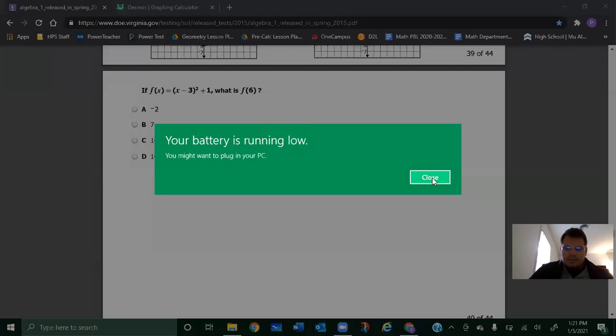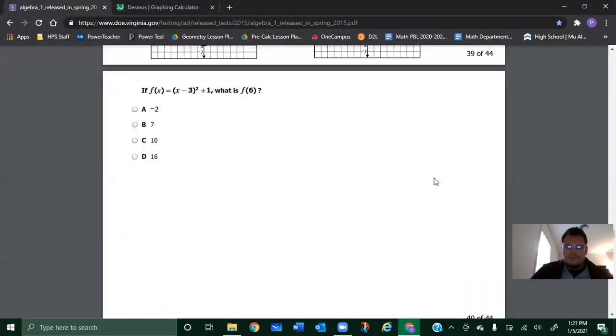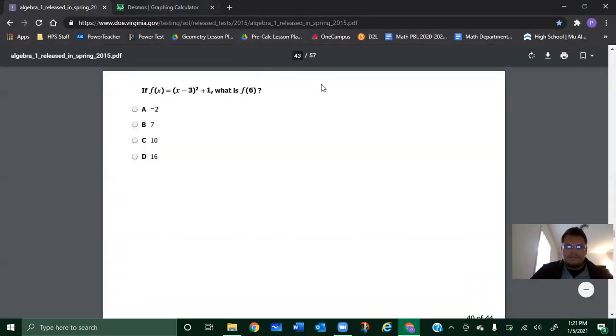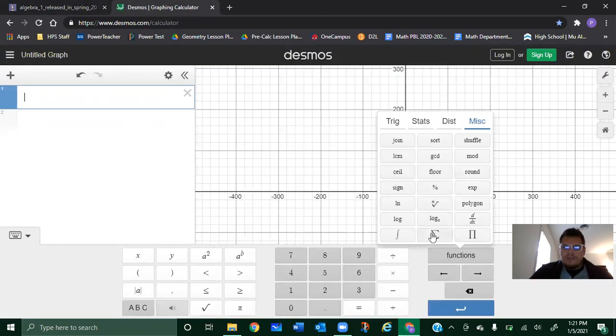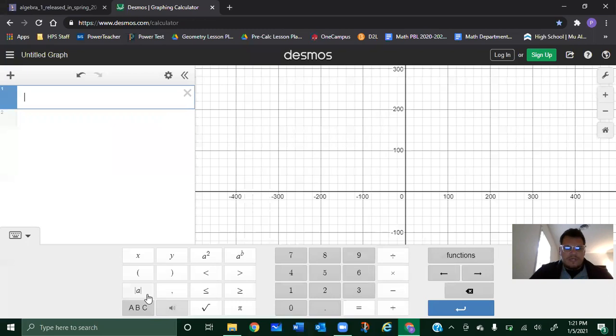Next, I'm going to go to question 13. So this one says, what's the value of this expression when n equals negative 15? And it gives you that. That's absolute value. So to get absolute value, we could come up here and let's see, where is it? Oh, we don't even need that functions. It's right here.